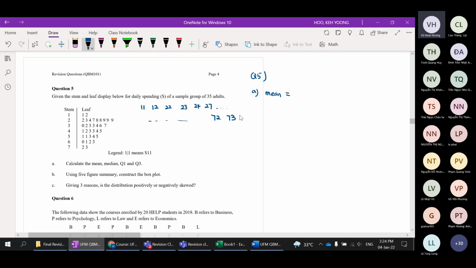So you add up these 35 values and then divide by 35. Has anyone done these questions? Can you tell me what your answers are? Anyone has done these questions? No.